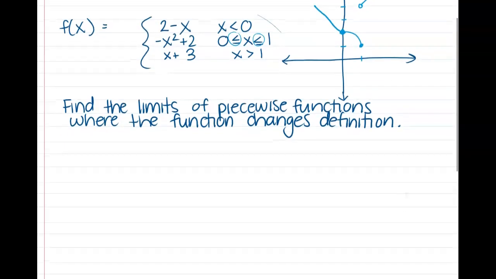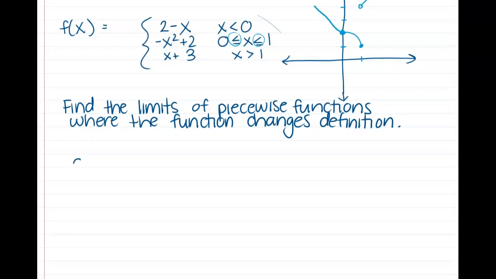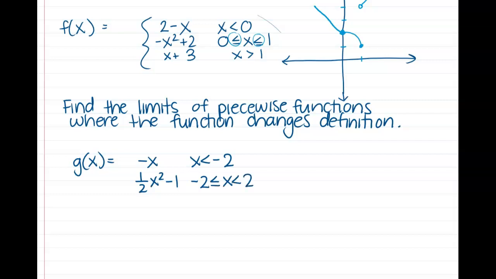Okay, so let's look at another piecewise function. G of x equals negative x, where x is less than -2, 1/2 x squared minus 1, for -2 is less than or equal to x is less than 2, and negative x plus 3, where x is greater than 2.